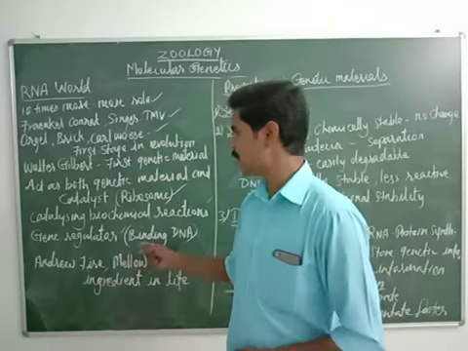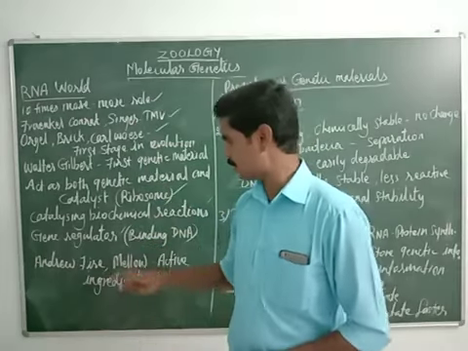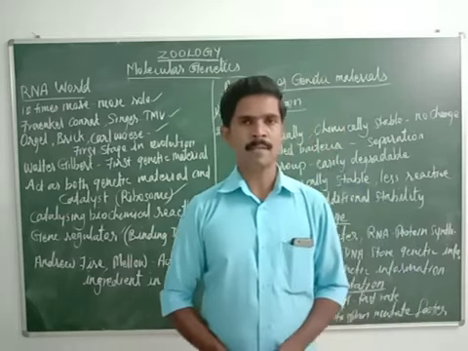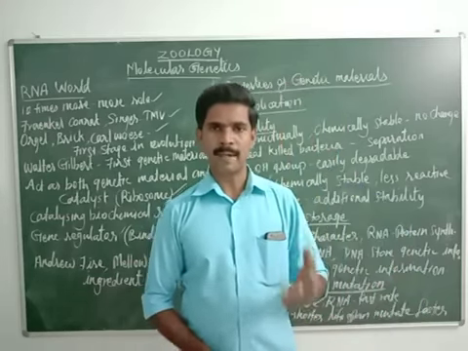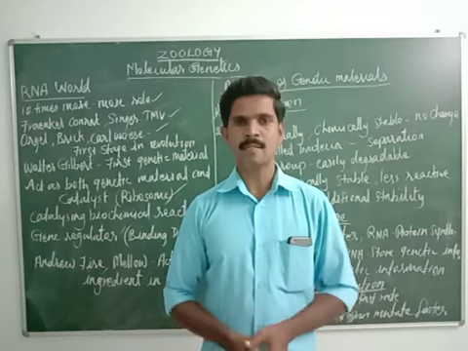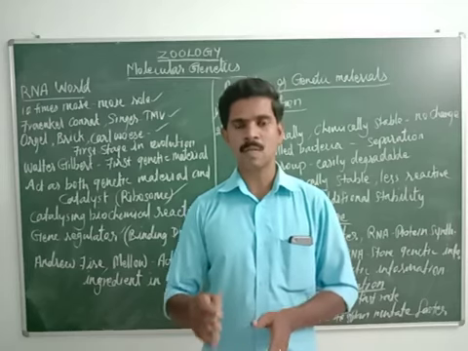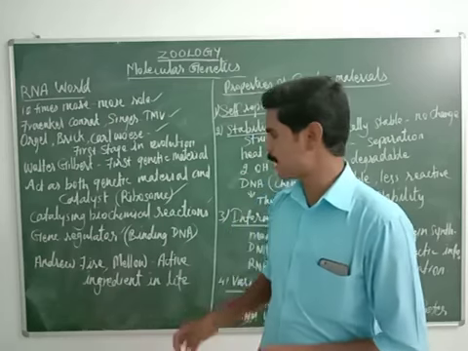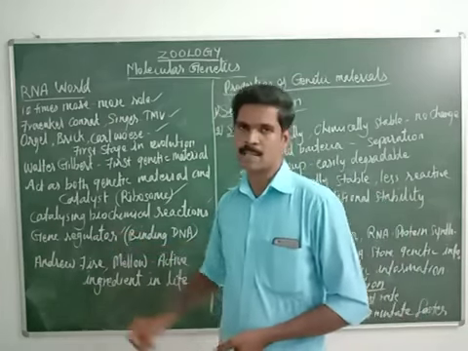So this is the next point about the RNA world. I repeat this point once again: in some organisms, the RNA molecules bind with the DNA, and these two molecules together control the expression of the gene. Thus the RNA molecule acts as a gene regulator.